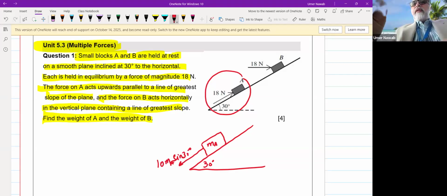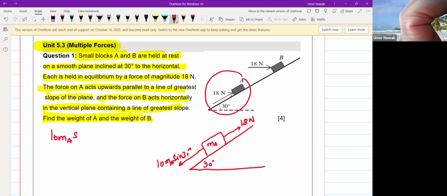Agreed. And you are applying 18 newtons upward. The system is in equilibrium, and he did not mention any friction over here. Clear? So can I put 10 MA sine of 30 equals 18 newtons?